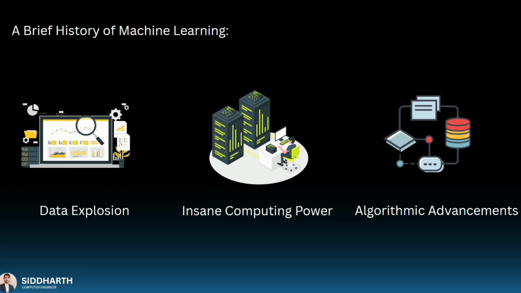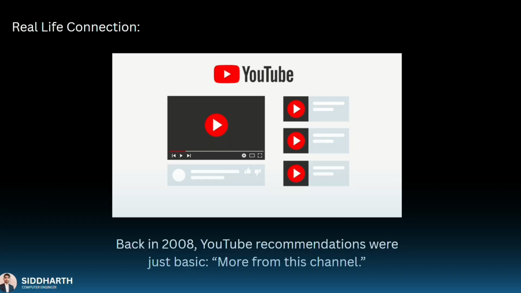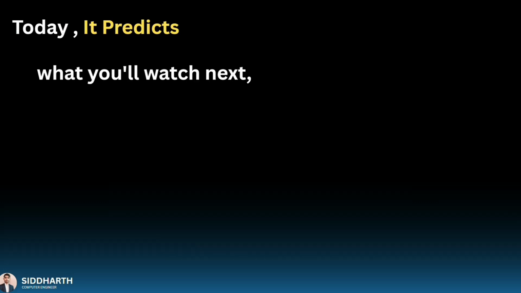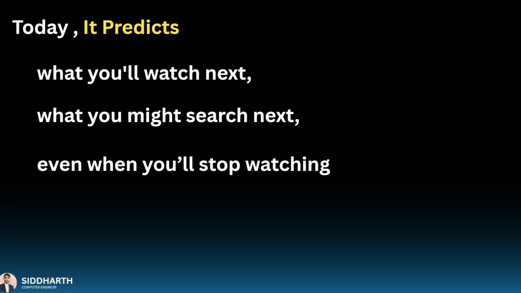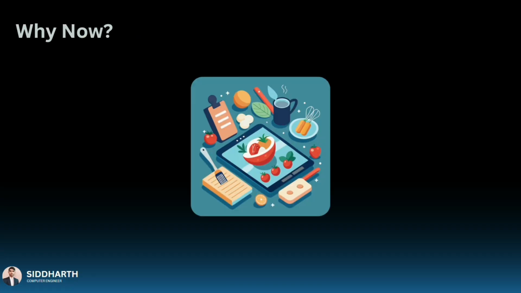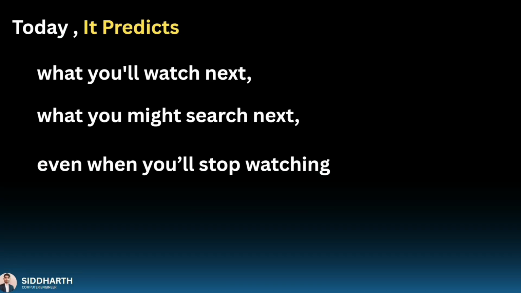Let's connect this to something you use daily, YouTube. Back in 2008, YouTube recommendations were just basic, more from this channel. Today, it predicts what you will watch next, what you might search next, even when you will stop watching, all using machine learning. So why now?